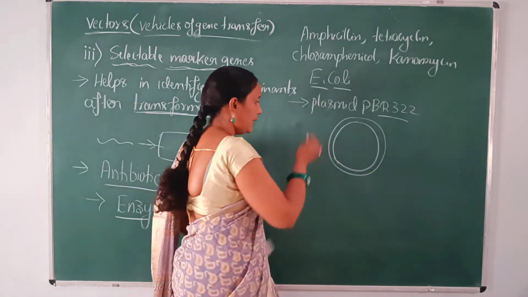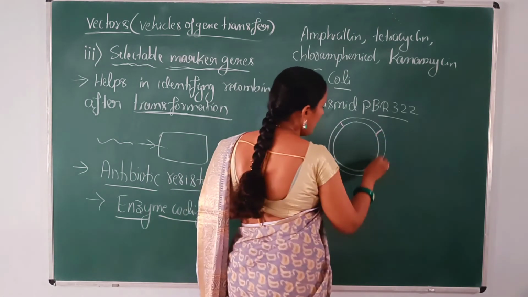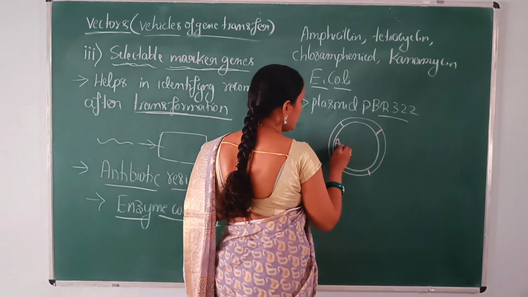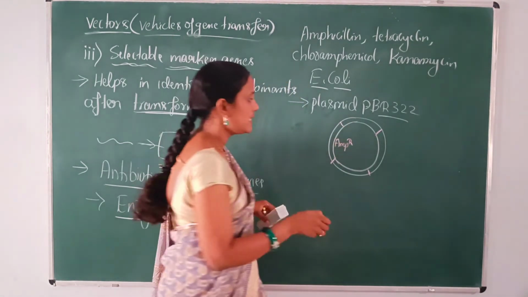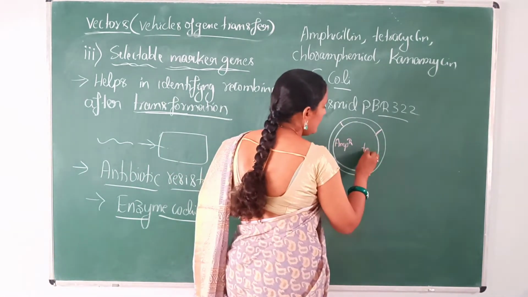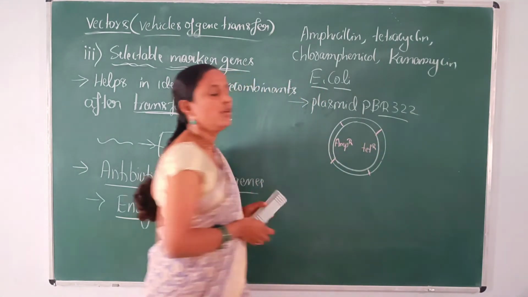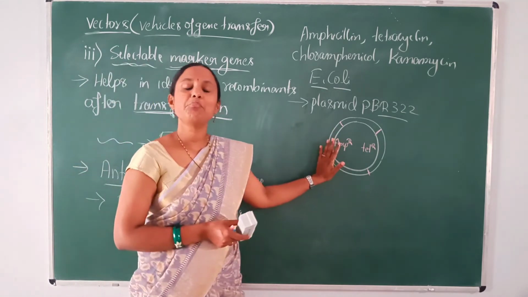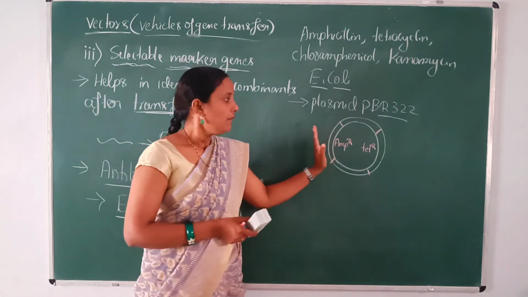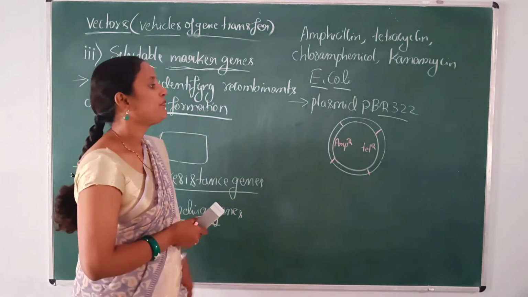One is the ampicillin resistance gene, where R refers to resistance, and the other is the tetracycline resistance gene. These two antibiotic resistance genes present in pBR322 can be used as selectable marker genes.